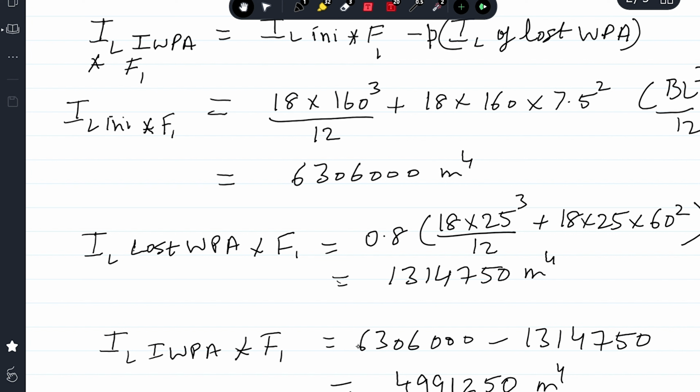This will give me moment of inertia about the axis passing through the centroid of the hole. But I need the moment of inertia about the axis which is passing through F1. So I need the distance between the centroid of the hole and F1, which we have found, that is 60 meters. So you can see here.